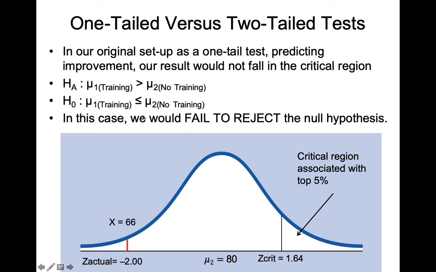Null hypothesis is that we would get a result that would be an exam score that would be less than or equal to the no training group. So in this case, we would fail to reject the null hypothesis.